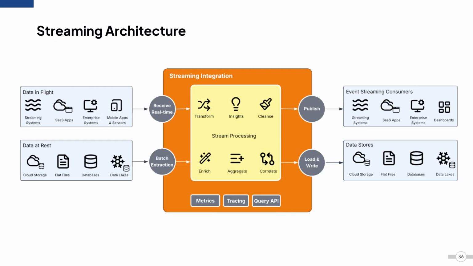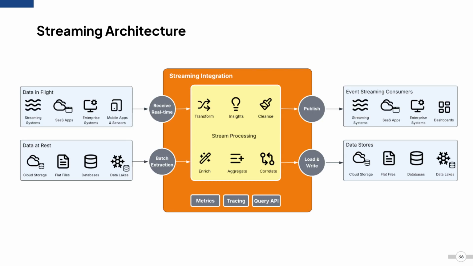And when it comes to integration, you might also come across streaming architectures. So in this case, you may have data coming in live, real time from data streams from different streaming systems, SaaS applications, enterprise systems, real time events, and also data at rest may need to be fetched in batch form.